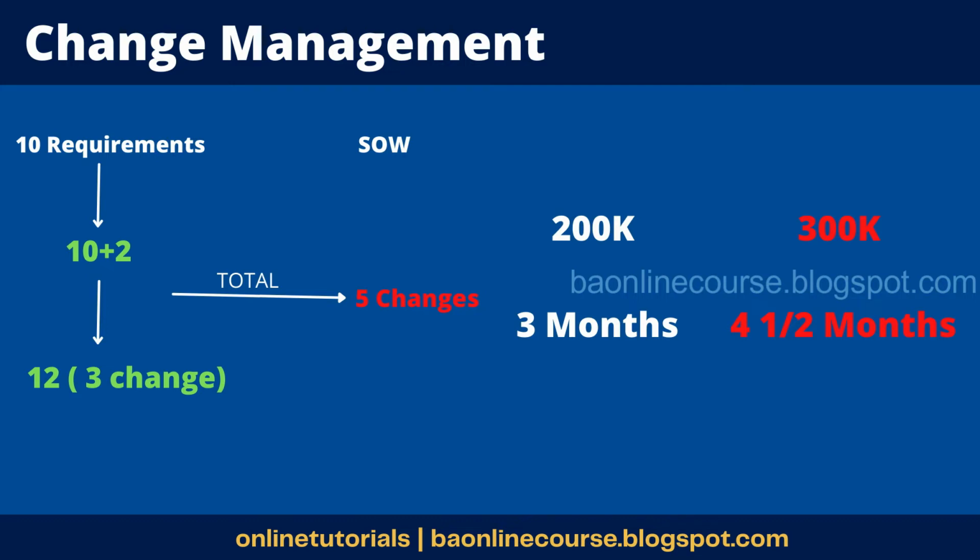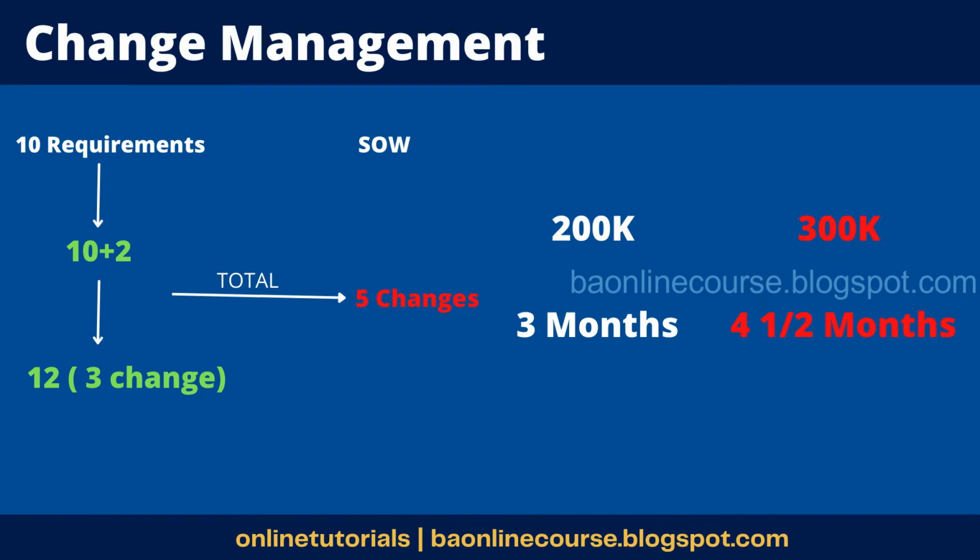So totally, your cost has escalated to 300K. From 200 it has gone to 300, and who is paying for the rest of the 100? Nobody, because the customer thinks that these 2 are valid requirements and should be in the system, and 3 of them just come and change it, right?